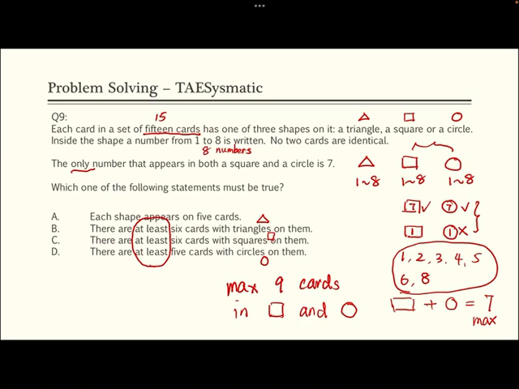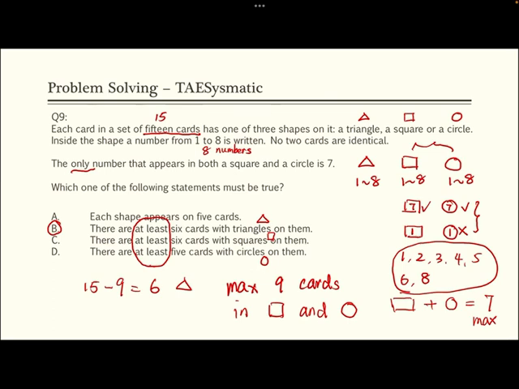So if that is true, the correct answer will be B, because we have 15 cards in total. If maximally the square and the circle can have 9, then at least we should have 6 cards in triangle, no matter what numbers are inside, to make the total set 15.